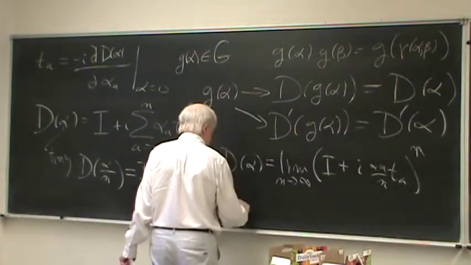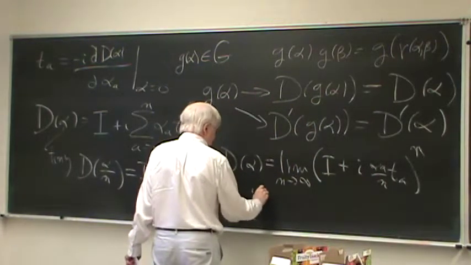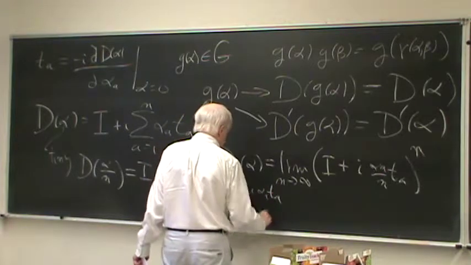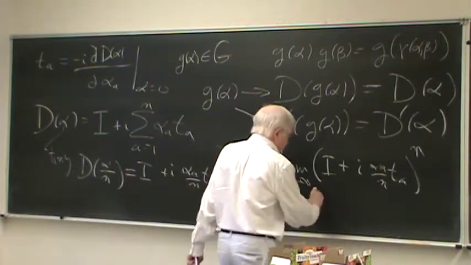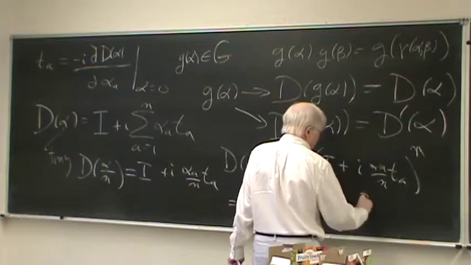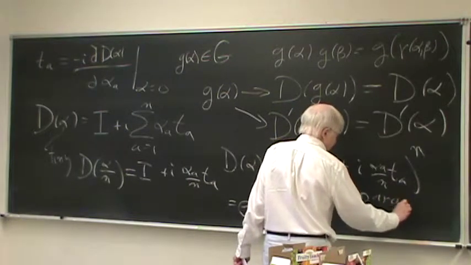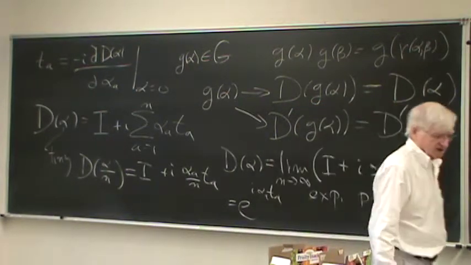And of course, this is just e to the i alpha_a T_a. So this is called the exponential parametrization of a Lie algebra.